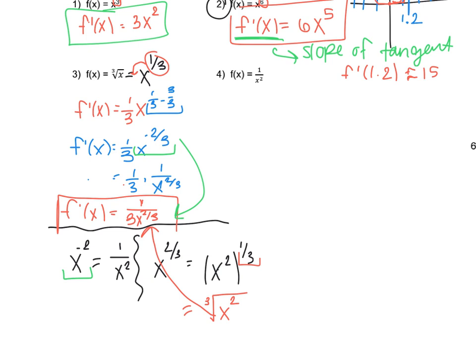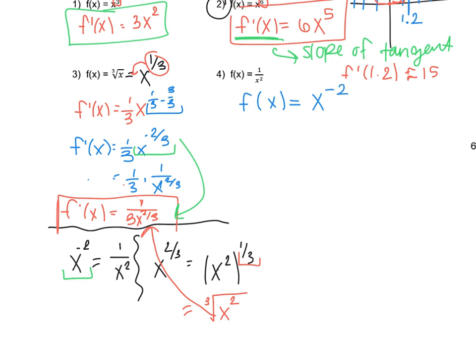Okay, let's look at another one, number 4. We've got 1 over x squared. When it comes to applying the basic power rule, we need to rewrite this as x to a power. So f of x is 1 over x squared, and we can write that as 1 over x to the negative 2.